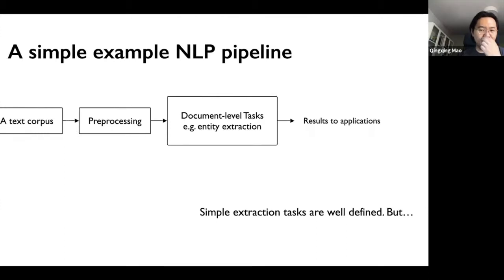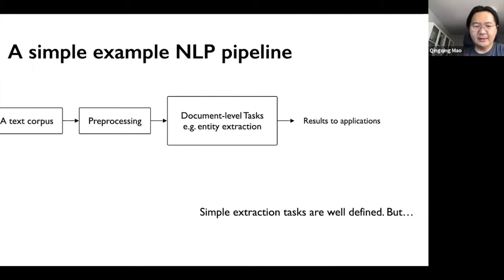I'll give an example in natural language processing. This is super simple, a very abstract one. You have a text corpus that you need to do some analysis on, and you send it in. There is some standard pre-processing that includes text cleaning, removing weird characters and punctuation, segmentation and tokenization at the sentence or word level, and also some tagging, which is pretty common, right?